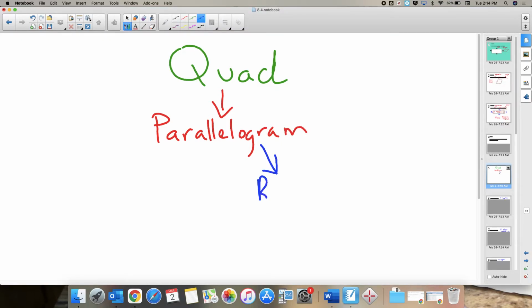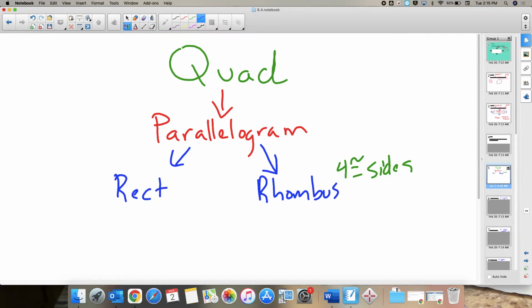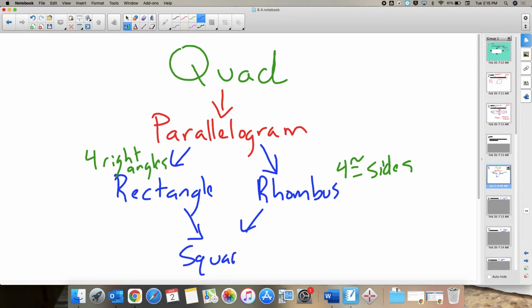As we talked about, we're going to talk about your rhombus, which means we're going to have 4 congruent sides. We are going to talk about your rectangle, meaning you are going to have 4 right angles. And if you merge the 2 together, that's when we get our square: 4 congruent sides and 4 right angles.